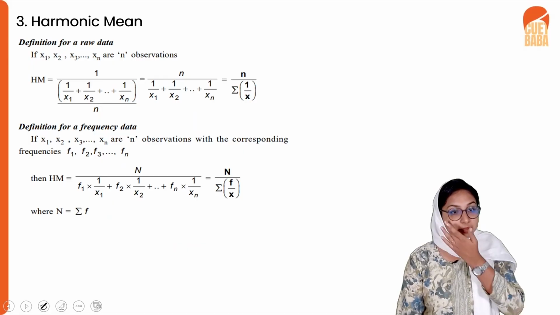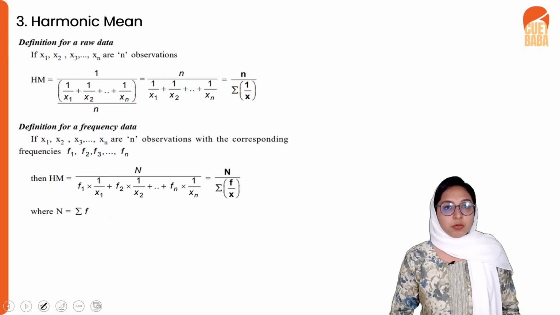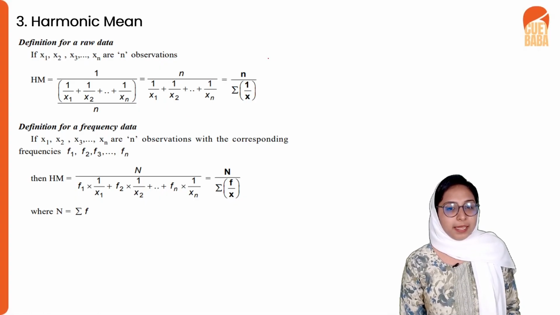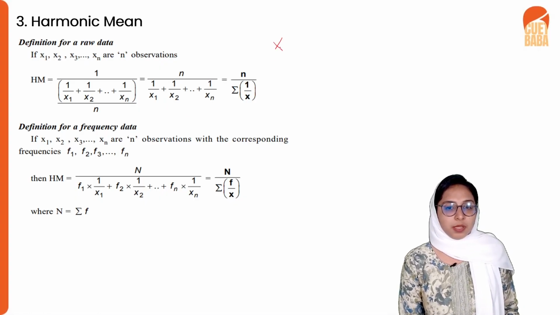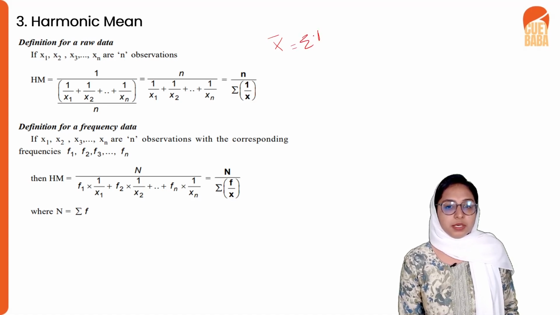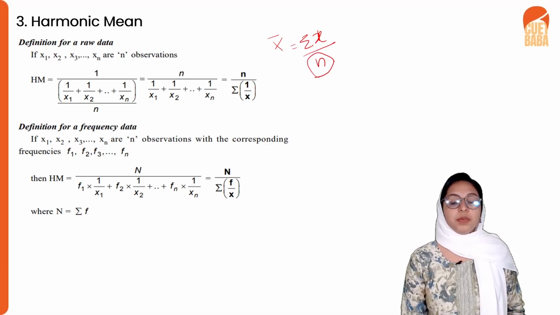Okay. And the third topic is harmonic mean. Harmonic mean is known as the reciprocal of arithmetic mean. Let's see why. Arithmetic mean, we have x bar is equal to 1 by n summation x, where n is the total number of variables and x are the variables.